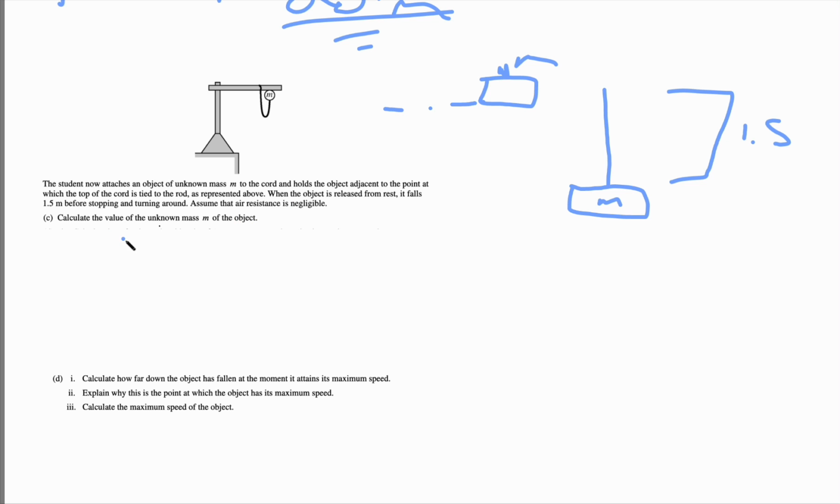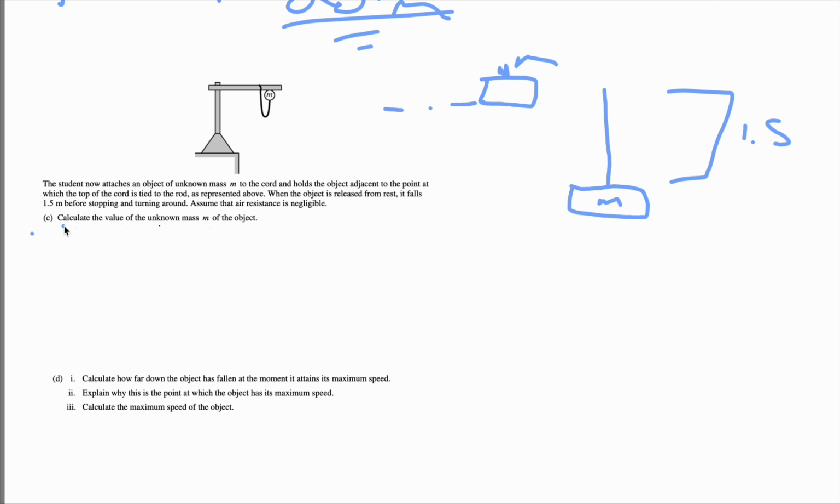If we were to write an energy equation for this, our initial energy is purely gravitational potential energy, and as the mass moves down, it has kinetic energy, and the cord stretches past the 0.60 threshold, turning it into elastic potential energy. So we don't have any non-conservative forces at play.